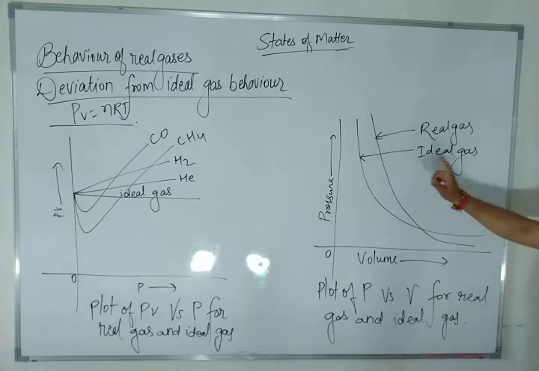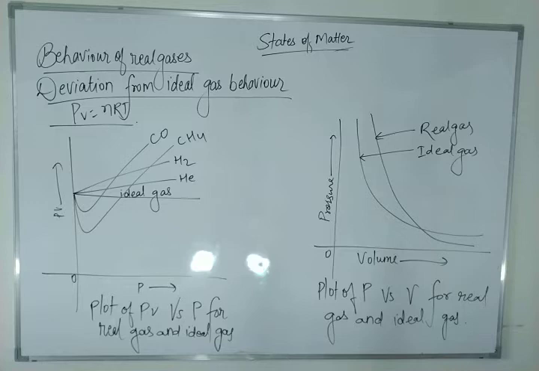This is a very, very important pressure-volume graph. In this graph, for gases like carbon monoxide or methane, first there is a negative deviation from the ideal behavior, and the pressure-volume value decreases with increase in pressure and reaches a minimum value characteristic of the gas.